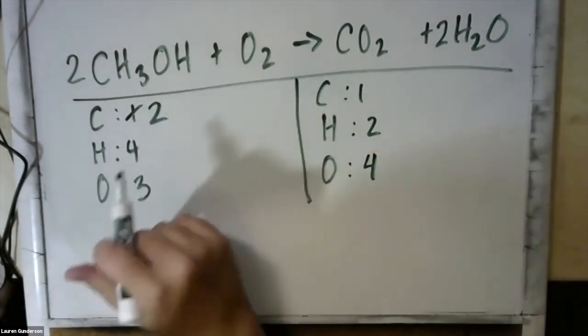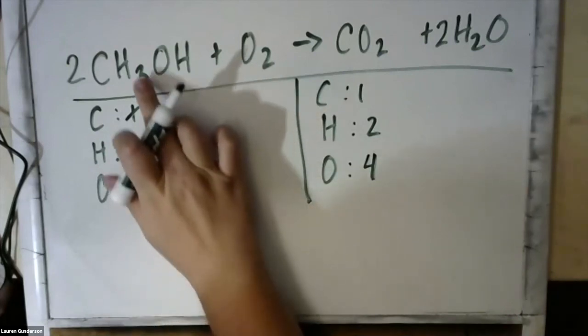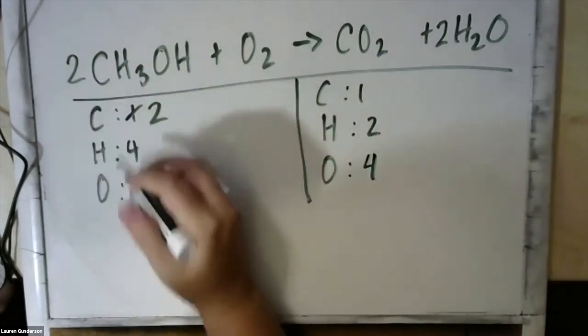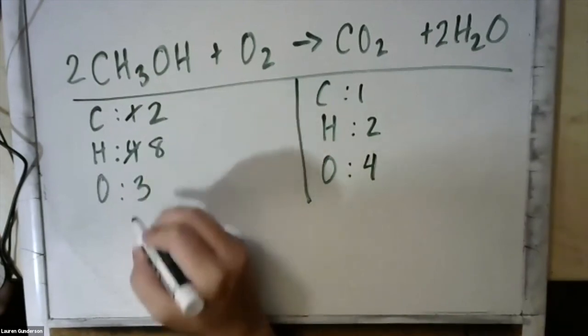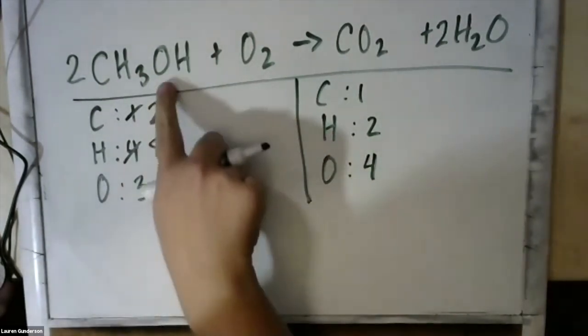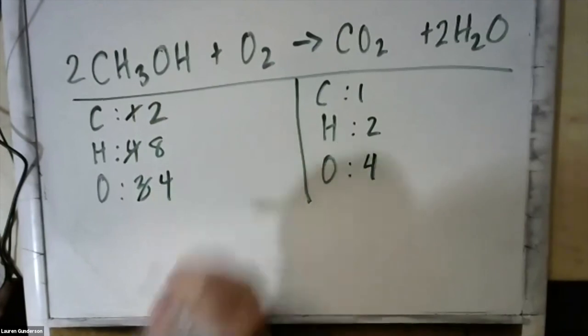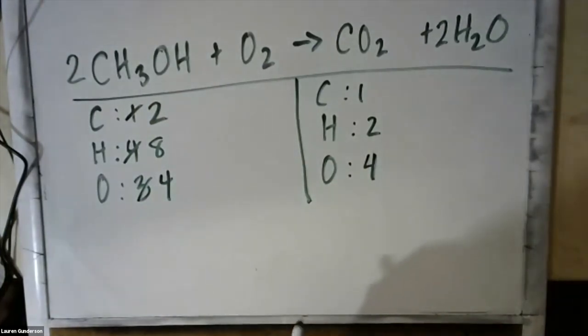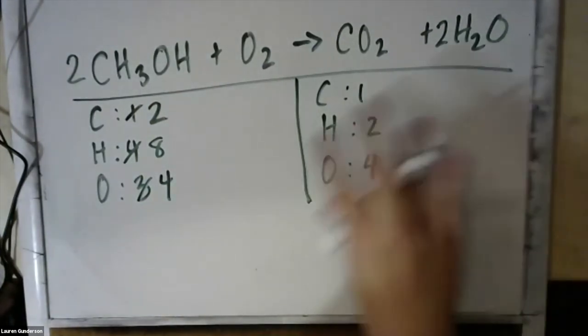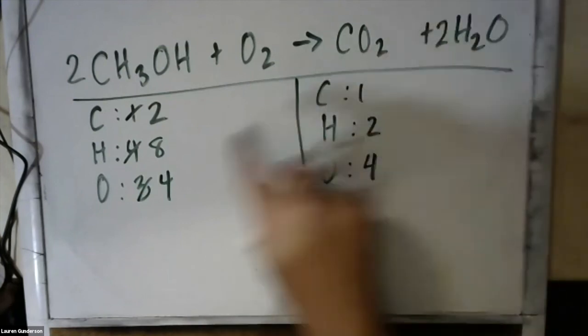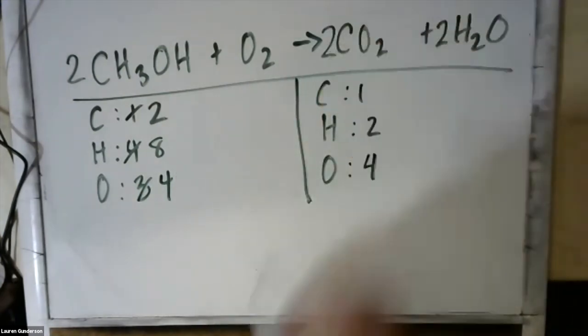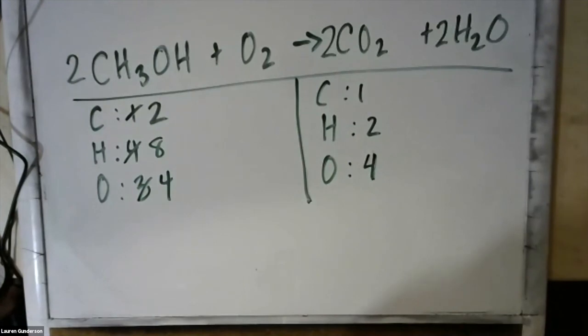So now I have 2 carbons. I have 4 times 2 is 8 hydrogens. And I have 4 oxygens. All right, so I have to go back over here and fix what I messed up, because I need 2 of these carbon dioxides.